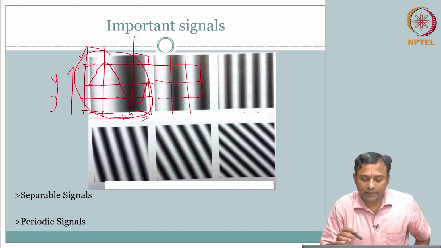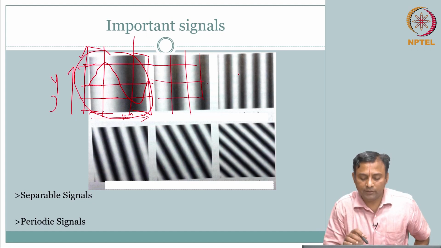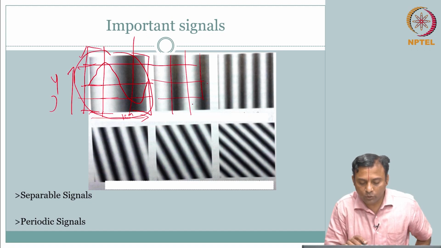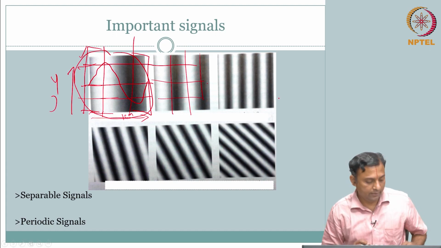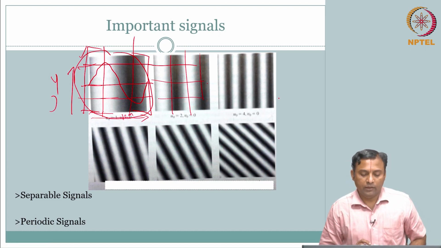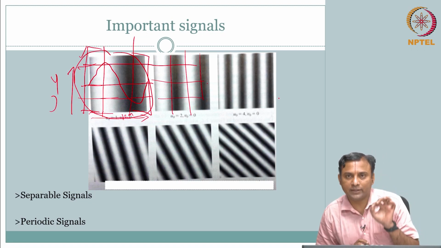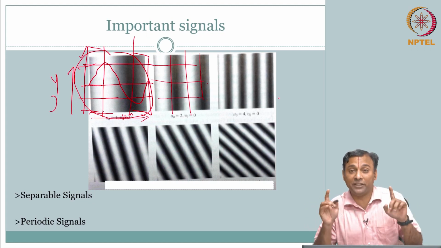There is no oscillation in the y direction in both these images, whereas in the x direction, here I saw 1 cycle, here I can see 2 cycles, here I can see 2, 3, 4 cycles. Clear. So, clearly u naught and v naught are the spatial frequencies. Now, I hope you get the feel for what we mean by spatial frequency.